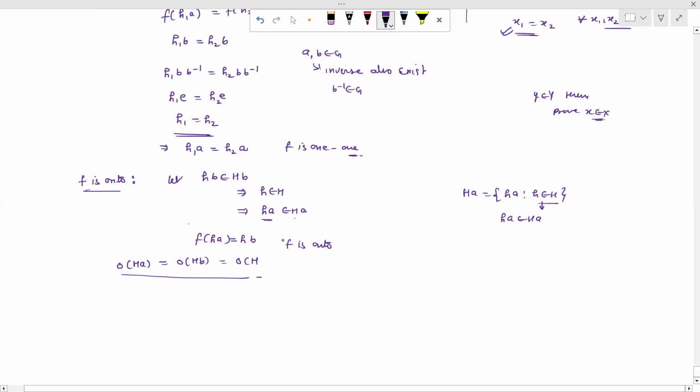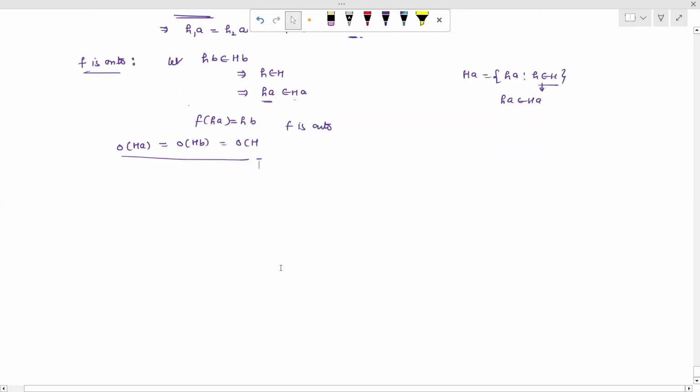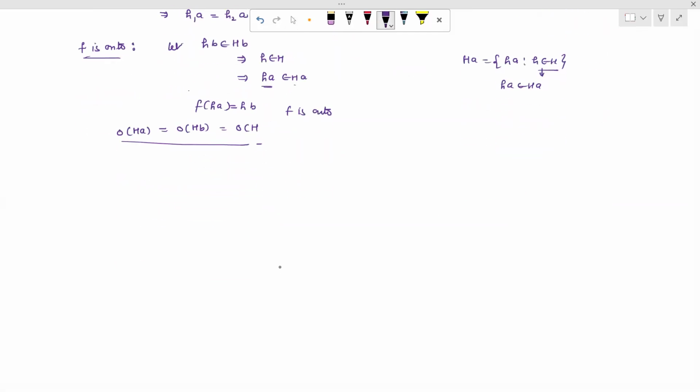Now we will prove one more theorem related to right cosets or left cosets.